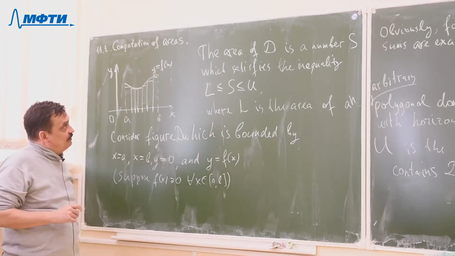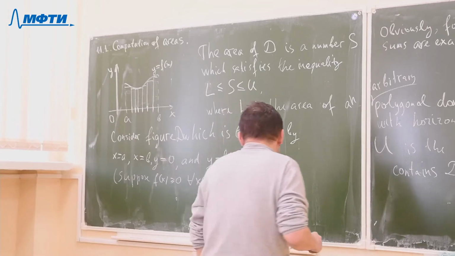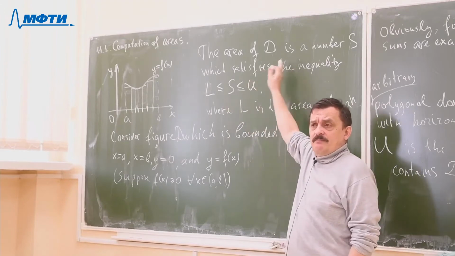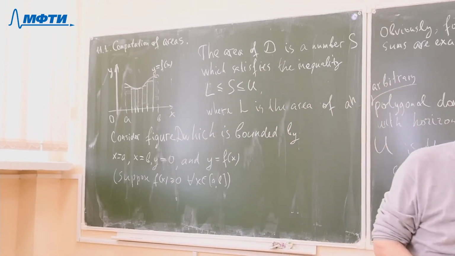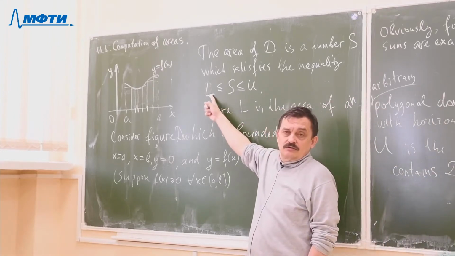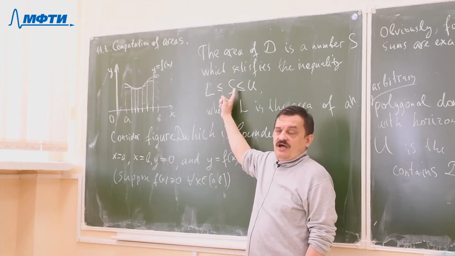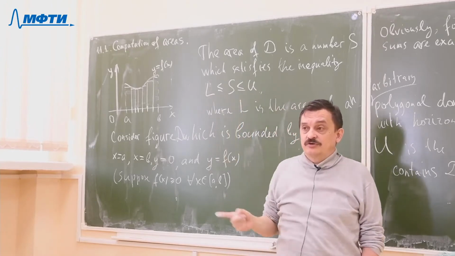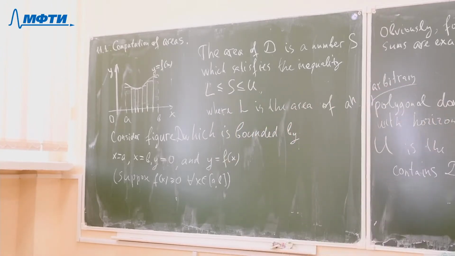Also, maybe you can ask me, but it may happen that there are many such numbers, right? Because who knows, maybe there are many numbers between arbitrary L and arbitrary U. In principle, it might happen. And then it means that the area is not defined.